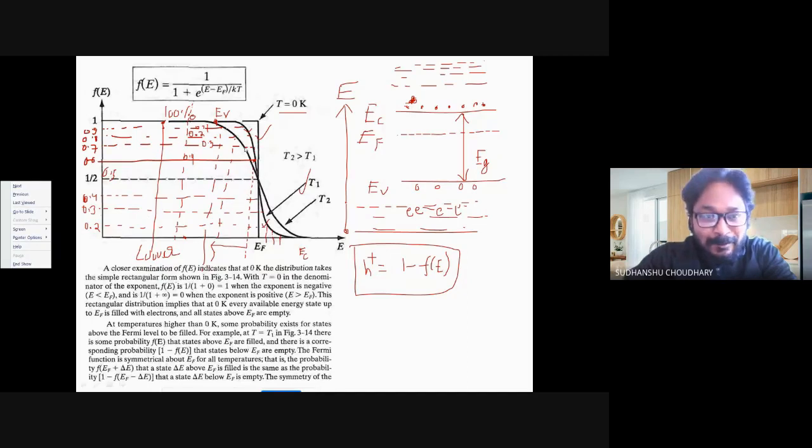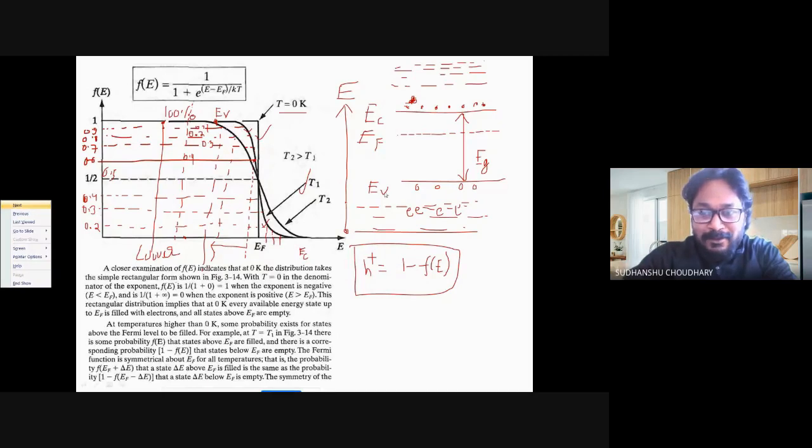So this curvature tells me that the probability of finding an electron is increasing as you go below EF, but the probability of finding a hole is decreasing as you go below EF. So that means holes will be occupied only near the valence band edge.